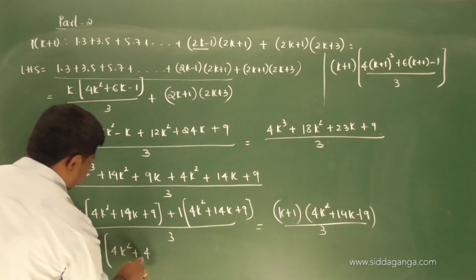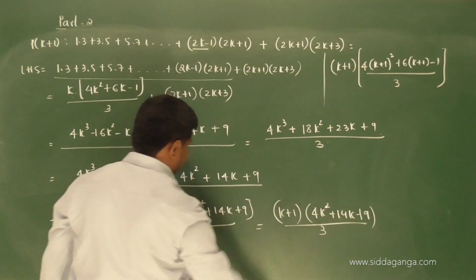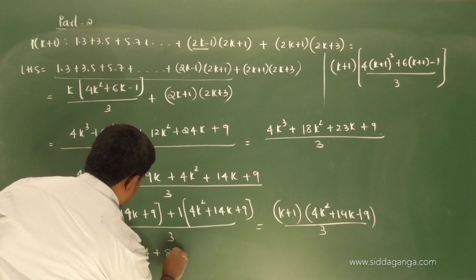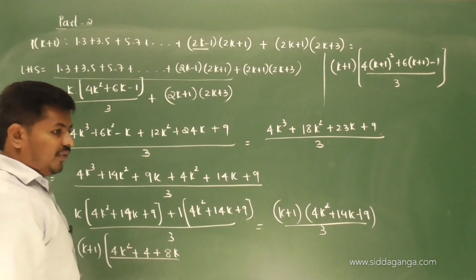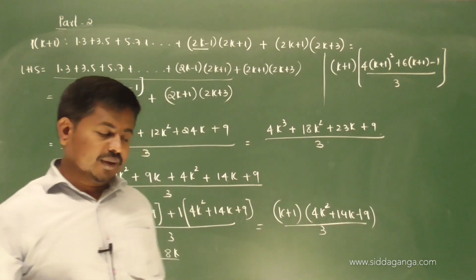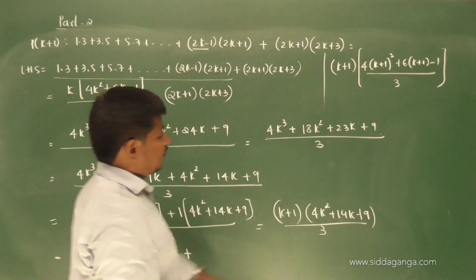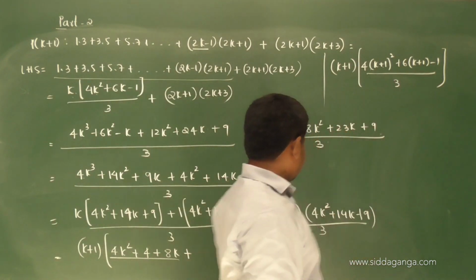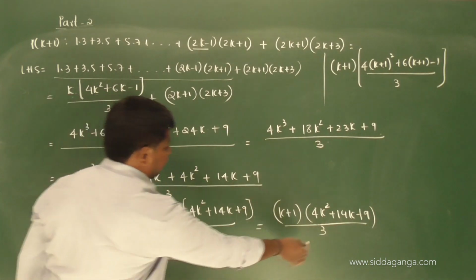If you take 4 outside, you get 1 plus 8k. If you take 4 outside, you get 2k. So if you take 4 from these terms, you get 4 into k plus 1 whole square. So 8k is there, no? Plus, now what is the next step? 6 into k plus 1. Yes, we have 6k, because 8k plus 6k is 14k.